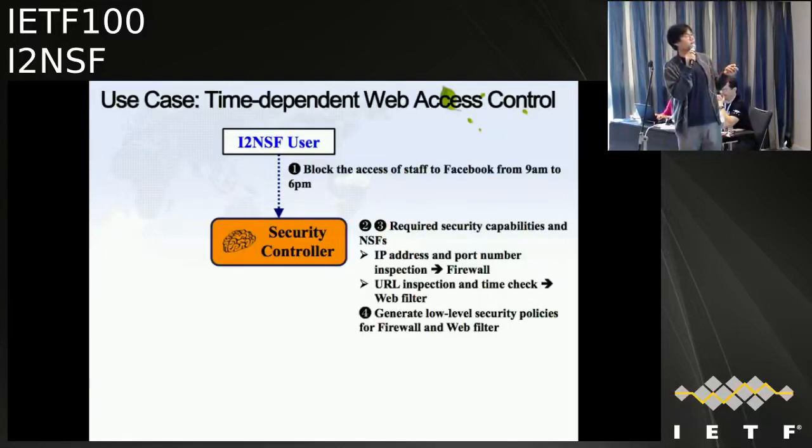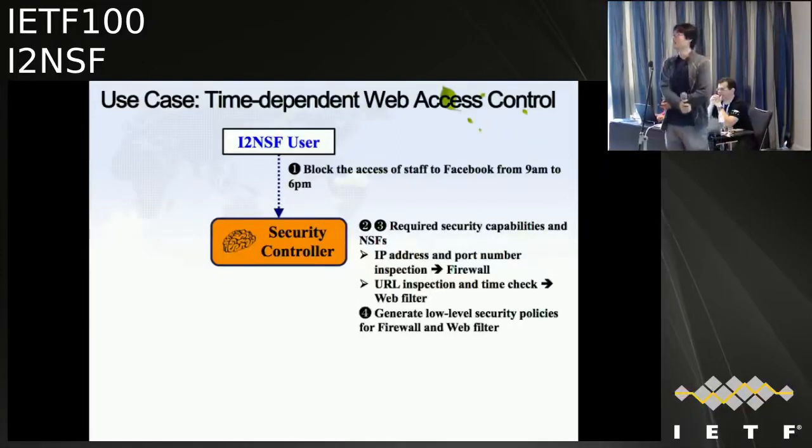But from this policy, we cannot directly apply what we want. So in this case, the security controller needs to identify the IP addresses being used by STEM members. That is the part of the translation.